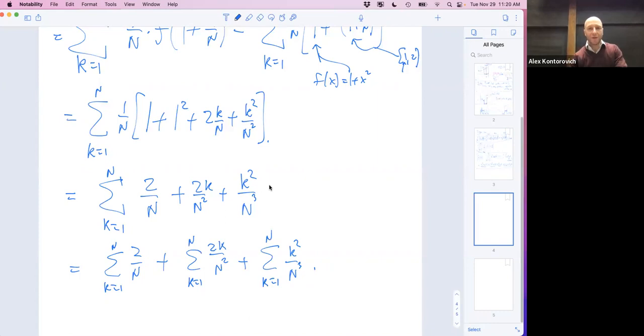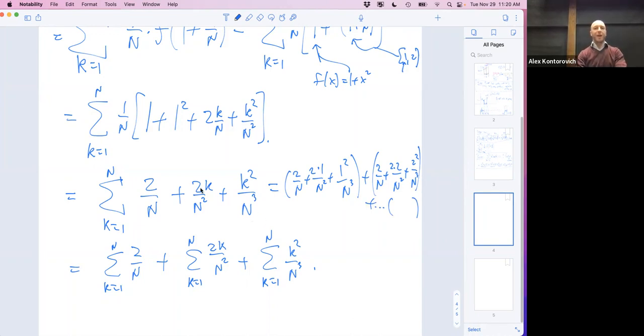All this means, what does this really mean? This really means when k is equal to 1, I get 2 over n plus 2 times 1 over n squared plus 1 squared over n cubed. That's my first term. My second term is 2 over n plus 2 times 2 over n squared plus 2 squared over n cubed, and so on until the last term.